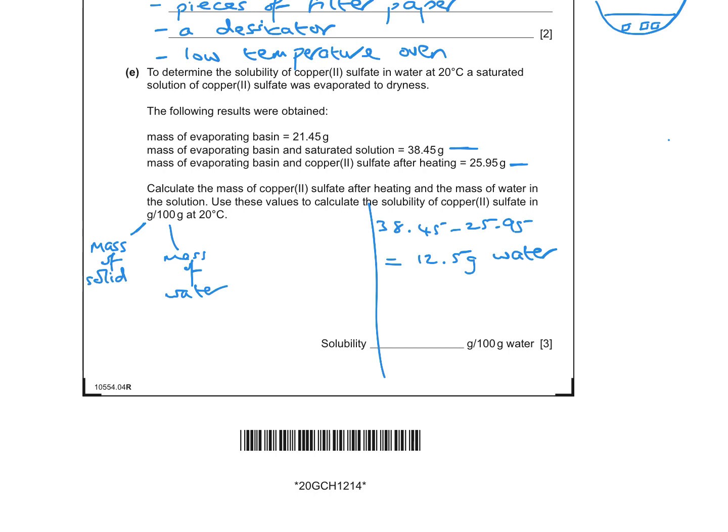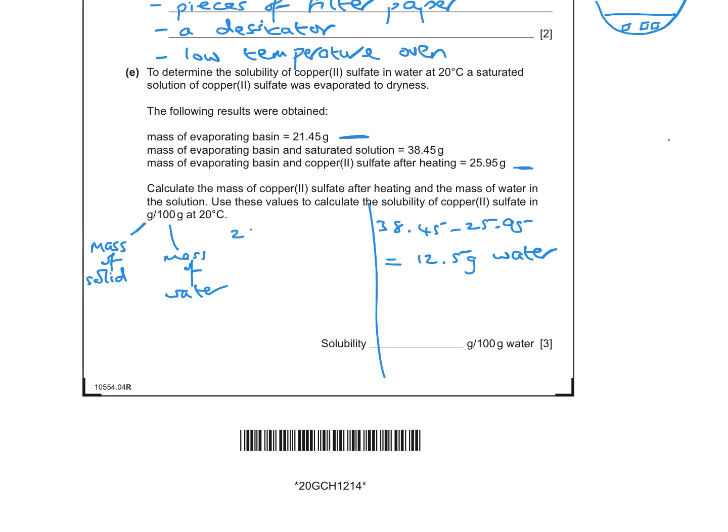So you can see we're not using 100 grams of water. We're using 12.5 grams of water. I need to work out then the mass of solid that's in that 12.5 grams of water. So this time I'm going to subtract the mass of the evaporating basin from the evaporating basin and the copper 2 sulfate after it's heated.